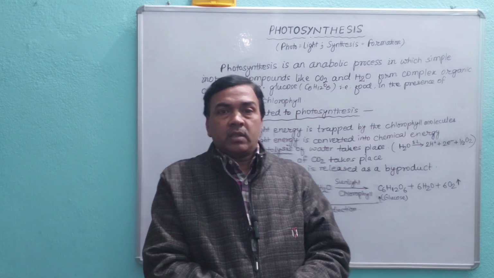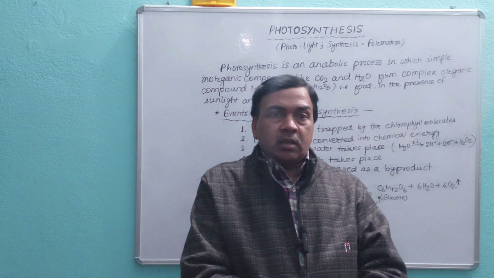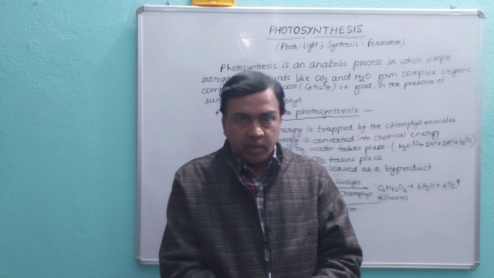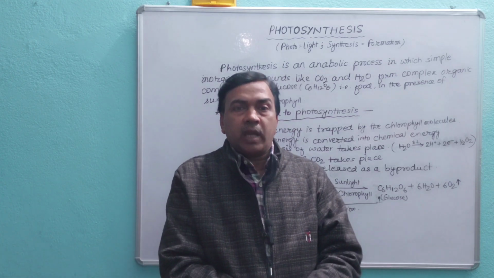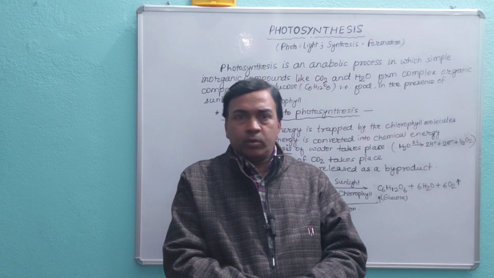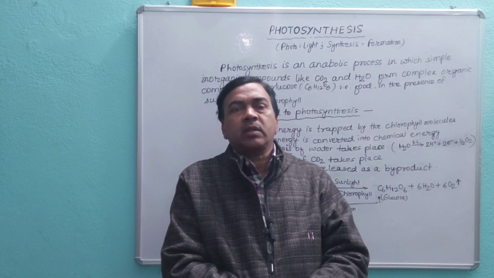In the light phase, plants form raw materials like NADPH2 and ATP. No food is formed in light phase.